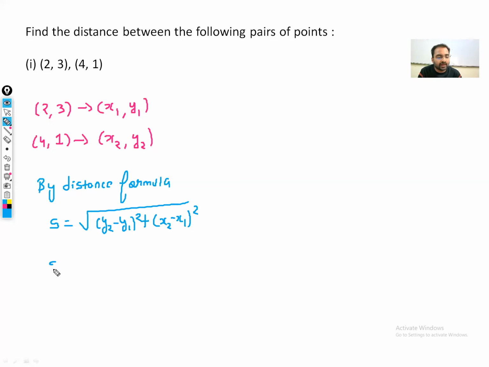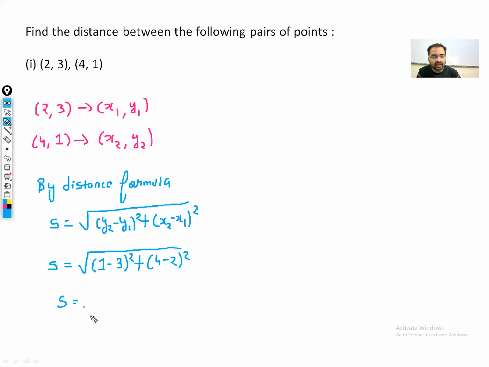Correct? Now, as we already know x1, y1, x2, y2, just put it down. What is y2? It is nothing but 1. So 1 minus y1, y1 is 3. So 1 minus 3 whole square plus x2 minus x1, that is 4 minus 2 whole square.